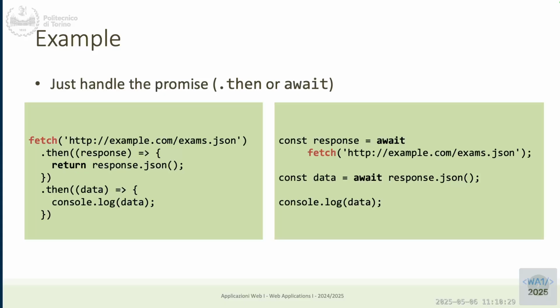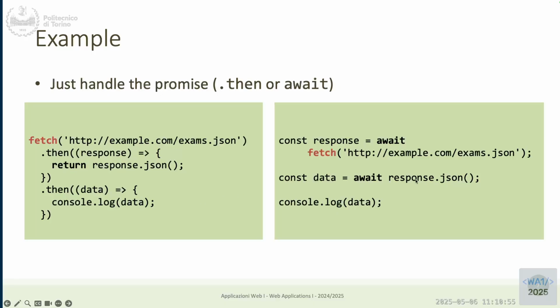So for example, we have a JSON method that is able to extract the JSON body from an HTTP response. The JSON method returns a promise that will decode the JSON into a JavaScript object. And we say that, in fact, we are returning this JSON promise, and then we are unpacking the data and storing it into a state, showing it somewhere.